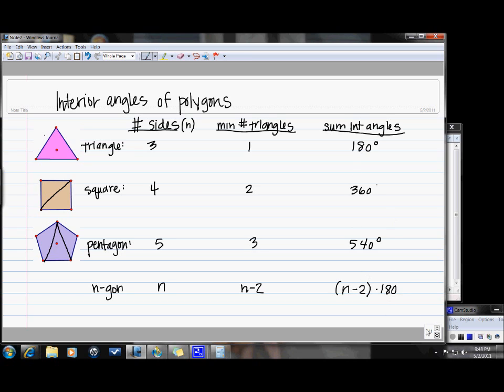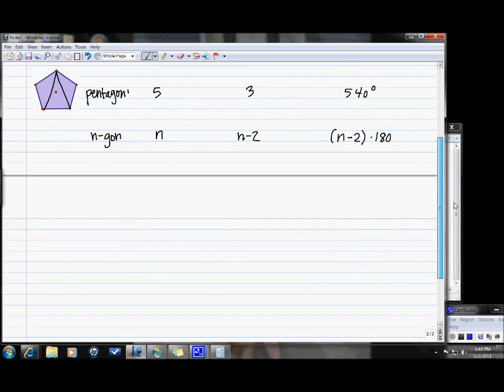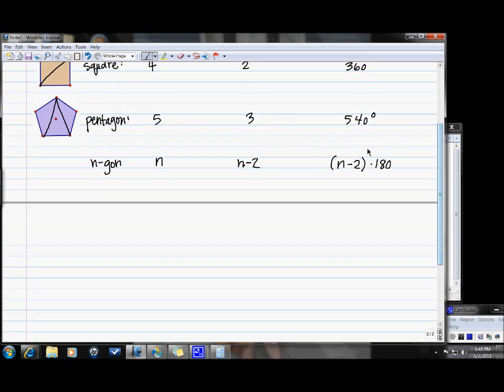So let's create a new sheet and just scroll up a little bit here so I have a little more space. If this is our general formula for the sum of interior angles, let's figure out what our interior angles are going to be for, let's do a tengon. So if we have a tengon, we can take our formula here, n minus 2 times 180, to figure out what all of the interior angles of this tengon have to add up to.